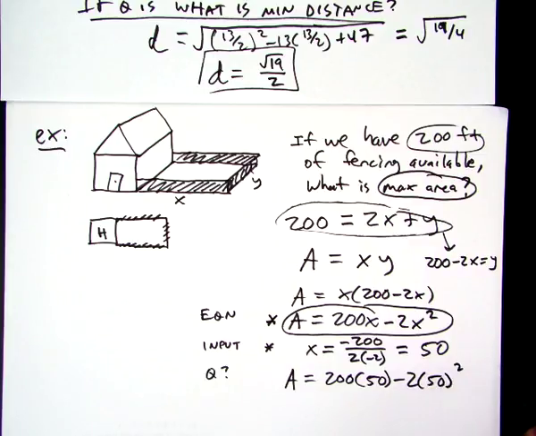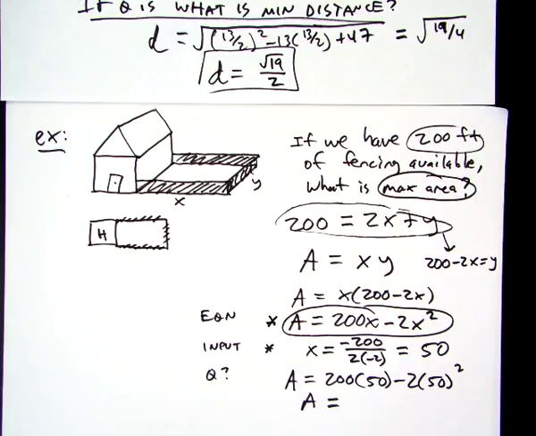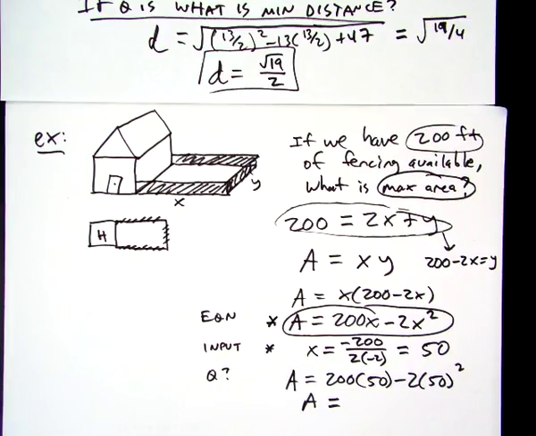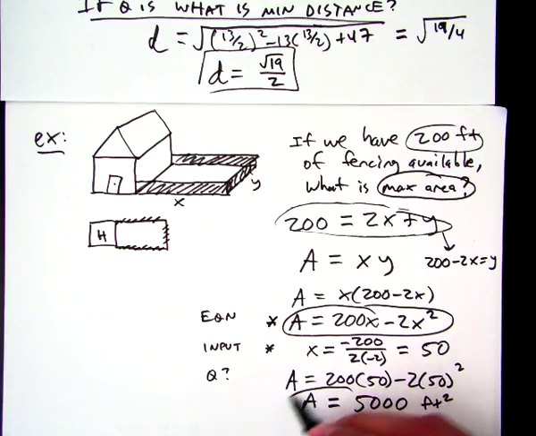Help me out. What are we going to get? $5,000. So 5,000 square feet, and we're done.